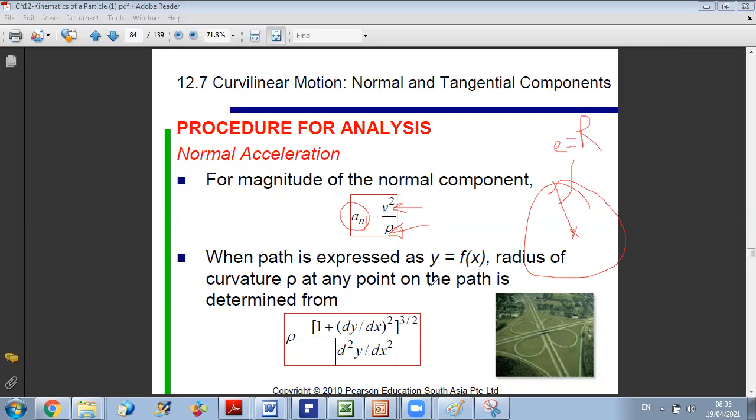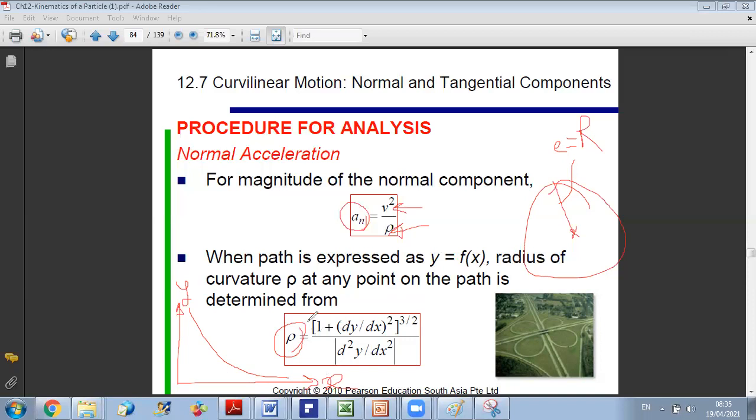In a general case, if you have, for example, any curve, how do you find the radius of curvature? We have a mathematical technique. If I give you the graph of a path and I give you y as a function of x, and you want to determine the value of rho, then you can use the following formula.